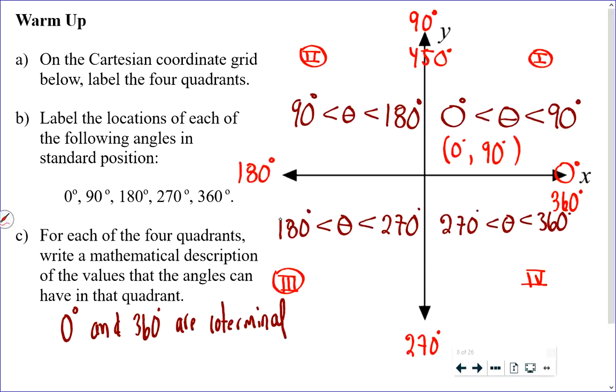I know this is going to be difficult for some people because it looks like I'm saying x comma y, but it's not. I'm saying theta has a minimum value of 0 and a maximum value of 90. But these round brackets indicate that theta cannot equal 0 and cannot equal 90.